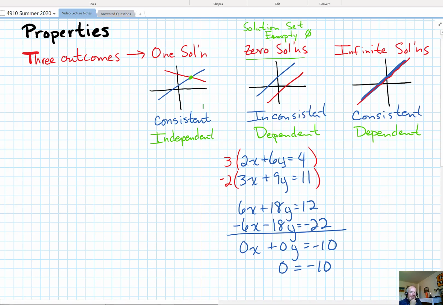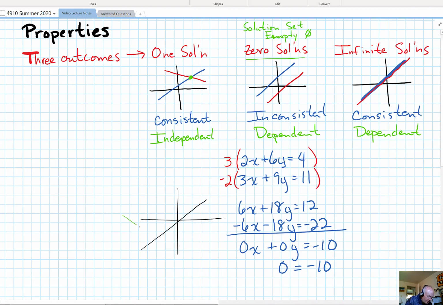In the 3 by 3 case, that can actually happen several ways. In the 3 by 3 case, the graphs are planes. And so the planes might all three be parallel. So if I'm looking at them from a sideways view, we'll just sketch this in. This is going to be kind of ugly. So there's our three-dimensional axis.